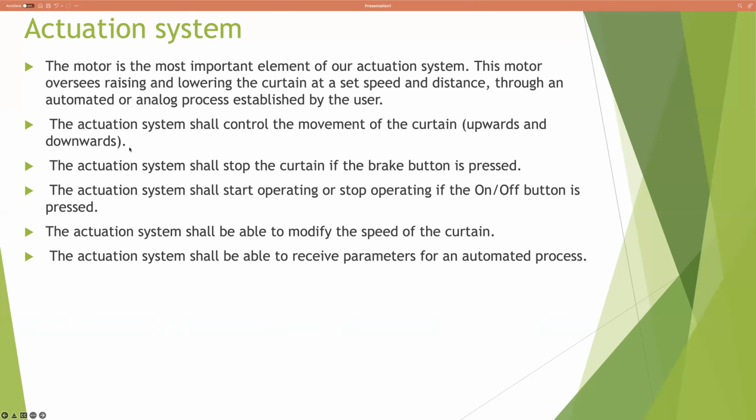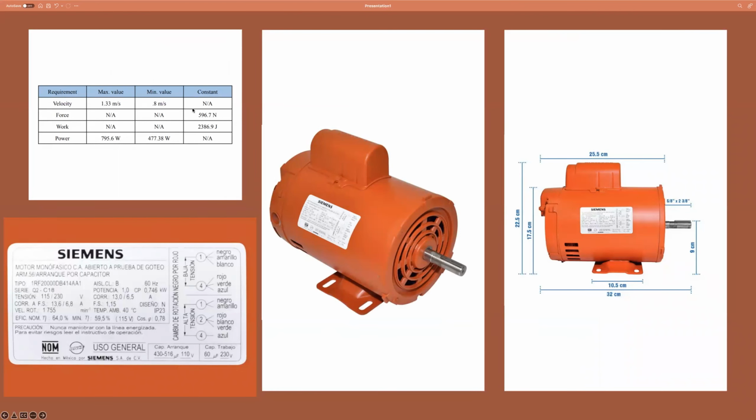Here we calculated, using some basic equations, what our velocity, power, force, and work should be with maximum values and minimum values. Minimum values would be lower weight and lower speeds, and maximum values, higher speeds and higher weights. That is what our motor must be able to supply.